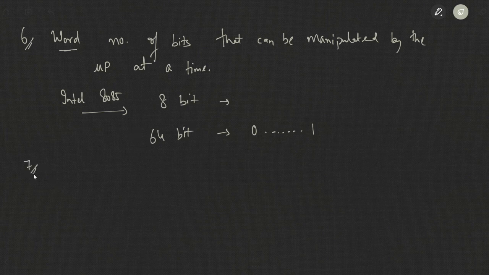So you need to understand bit, byte, kilobyte. Fine. Then you need to understand what is a word length. That means simply how much bit data your system can process at a time, simultaneously. In case of 8085, it's 8-bit.